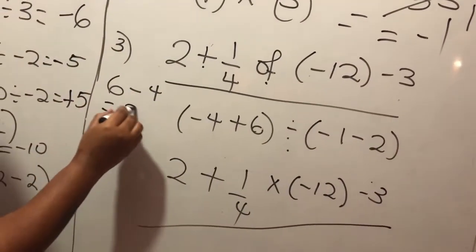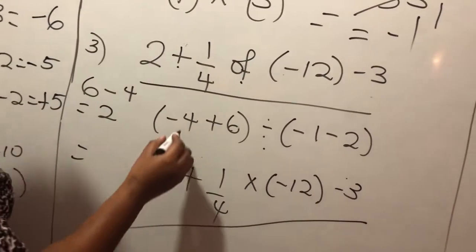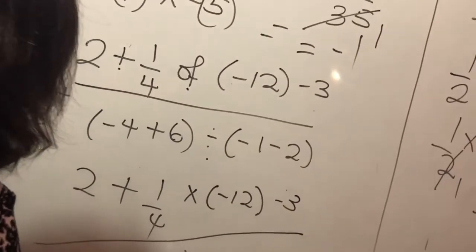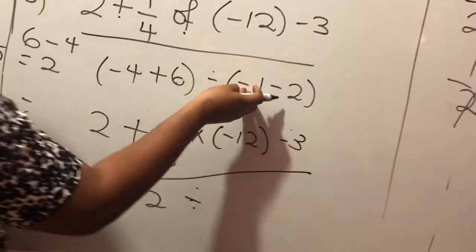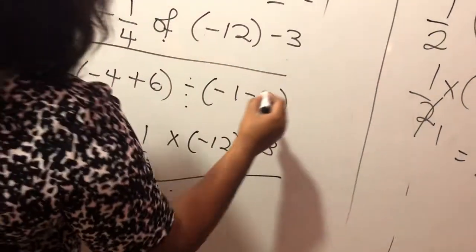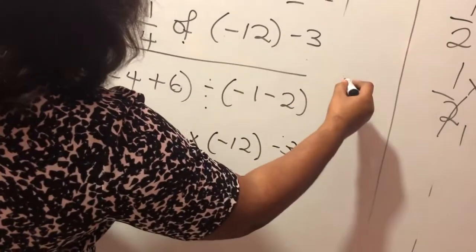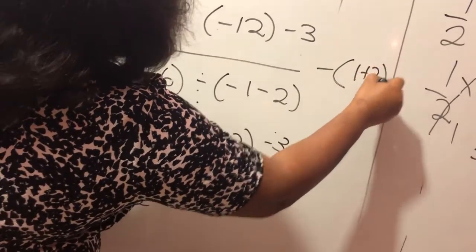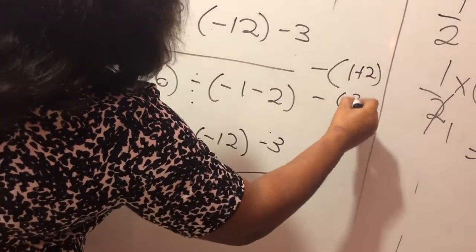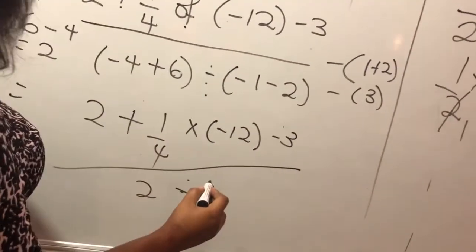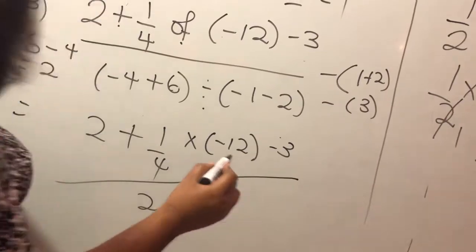So your answer is what? Positive 2. So we have here positive 2, all divided by what? Negative minus negative. You remember what we said yesterday? So negative minus negative is what? Your negative comes here, then you have 1 plus 2, which is equal to 3. So your answer is negative 3, divided by negative 3.